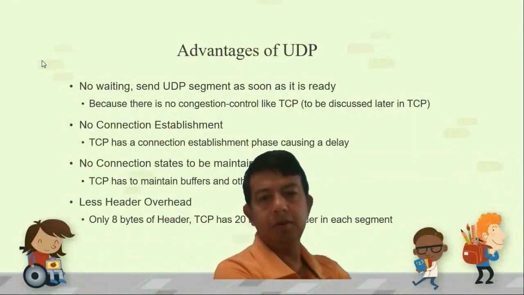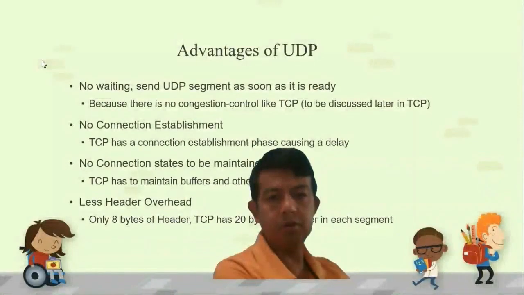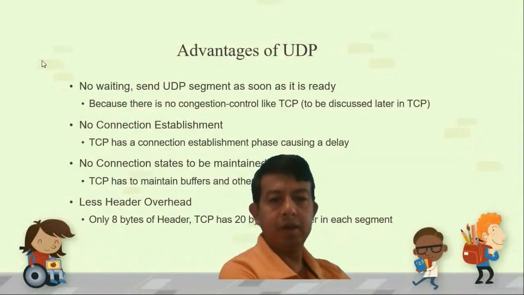This is something we'll discuss in TCP, known as congestion control. That means if data comes from the application, but there is congestion in the network, TCP will not immediately send the data. It would use a technique known as congestion control. We'll discuss that. But UDP does not wait for any such thing.